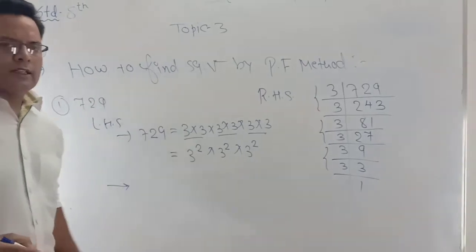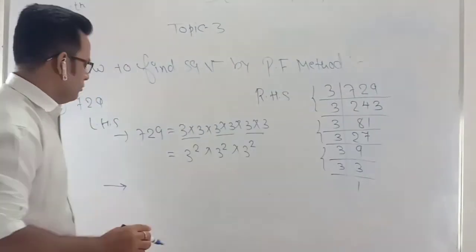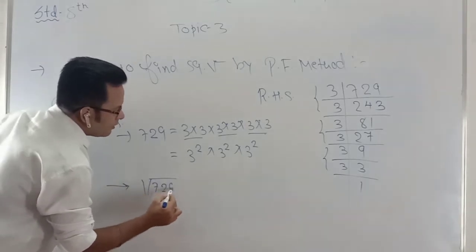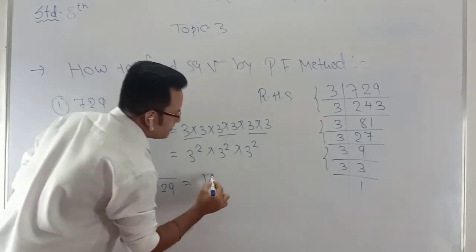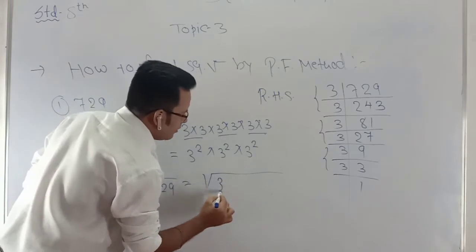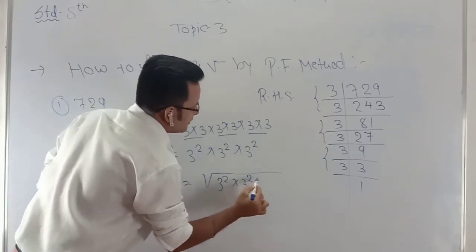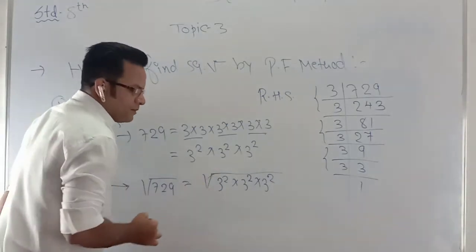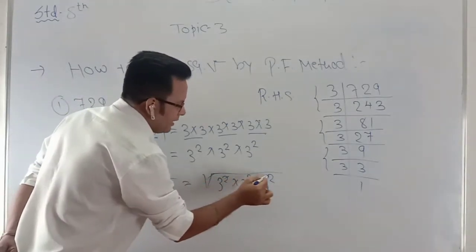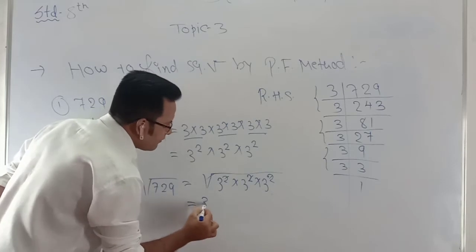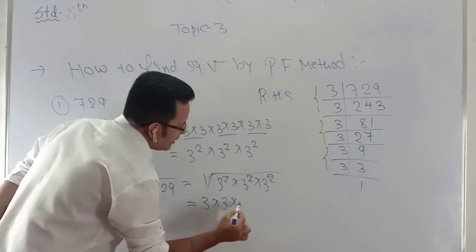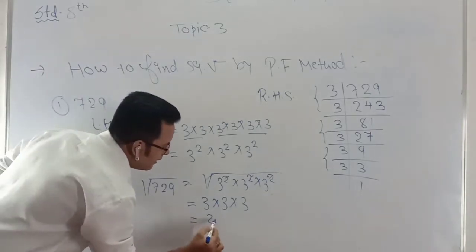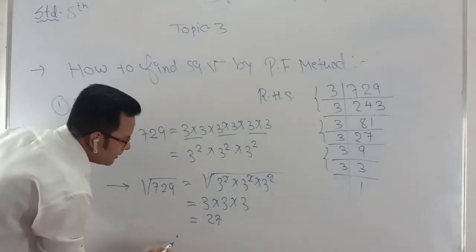Now as you know that you have to find your square root. So square root of 729 is equal to square root of 3 square into 3 square into 3 square. When you remove the square root, the square will be cut. So what will be left? 3 into 3 into 3 is equal to 27.